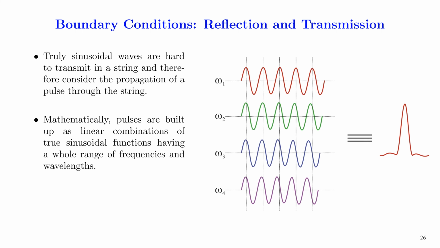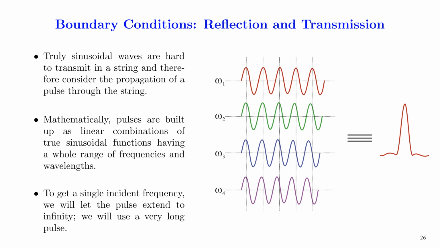Therefore, we can consider pulses propagating through the string, and we know that mathematically pulses are built up as a linear combination of true sinusoidal functions having a whole range of frequencies and wavelengths. As shown in this figure, a single pulse can be considered to be a combination of a number of frequencies. In case we want to transmit a single frequency through the string, we can consider a pulse that is extended to infinity. That is, we will use a very long pulse.